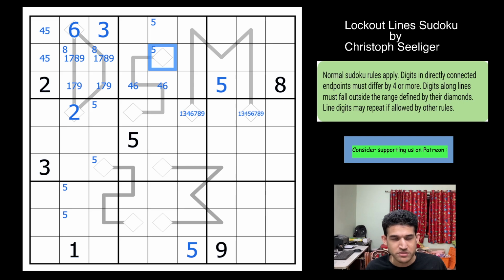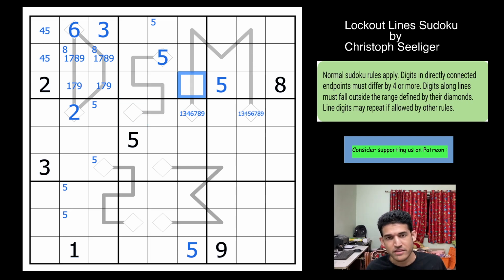And one of them must be 5. So let's put a 5 here. This is supposed to be 1 or a 9. Now, regardless of whether this is 1 or 9, at least one of the digits will be inside. So if you take 5, 9, 6 is inside. If you take 1, 5, 4 is inside. So not possible.